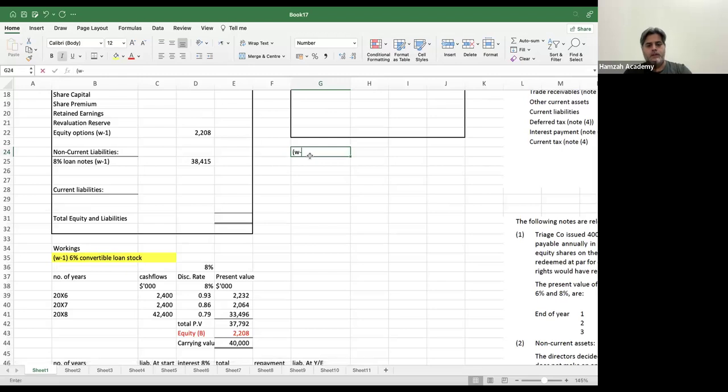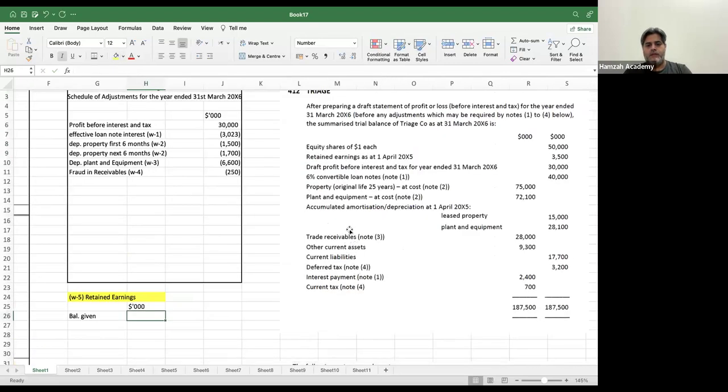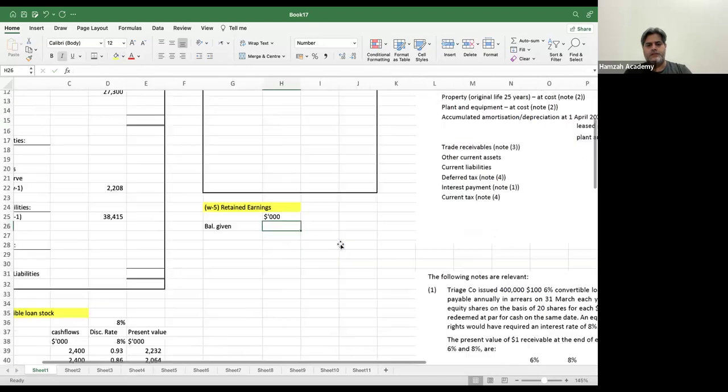Then I'm going to go in the retained earnings. I'm going to write balance given. If I see where the retained earnings are, these are the retained earnings, 3,500 just.